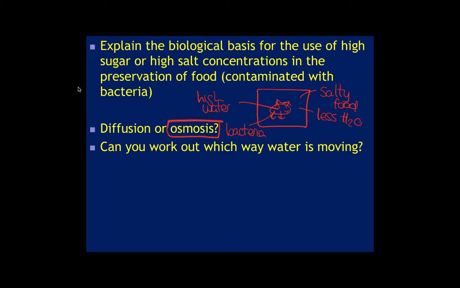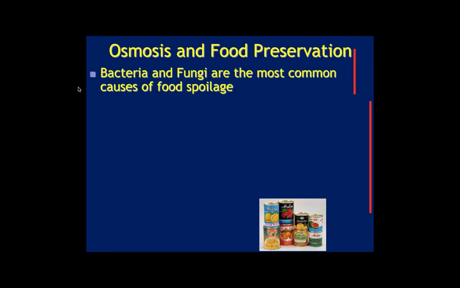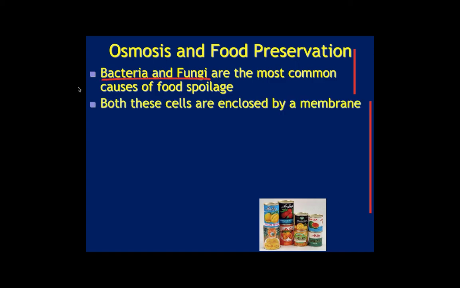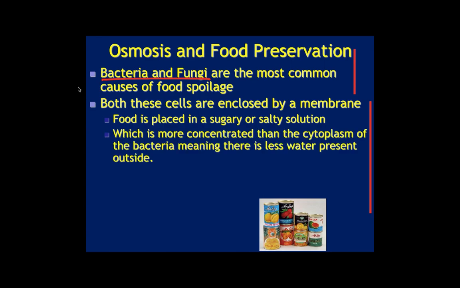So for you to be able to explain it, the bacteria and fungi are the most common causes of food spoilage, but they don't really work in sugary or salty foods. Both of these cells are enclosed by a cell membrane. The food is placed in your sugary or salty solution, which is more concentrated than the cytoplasm of the bacteria.